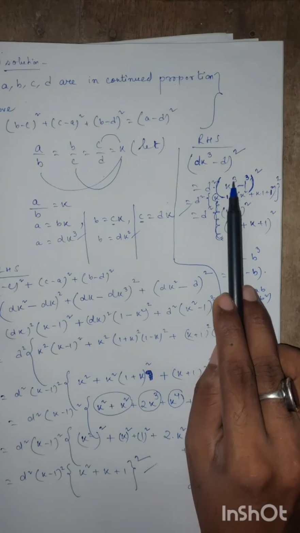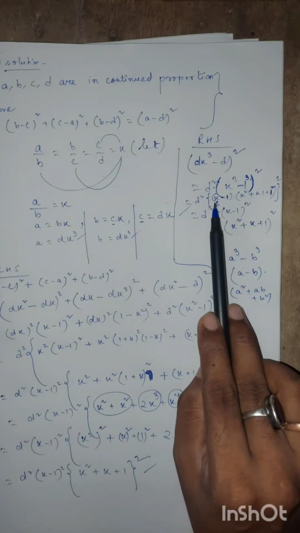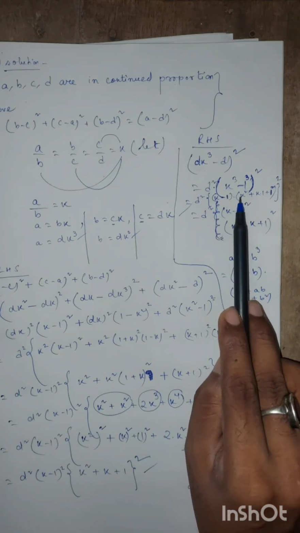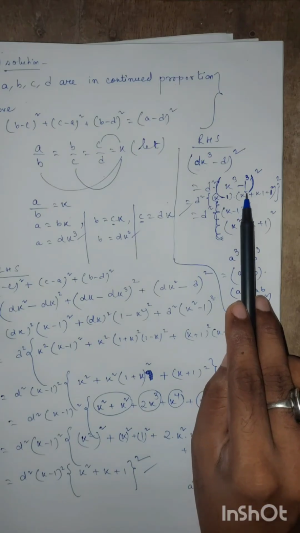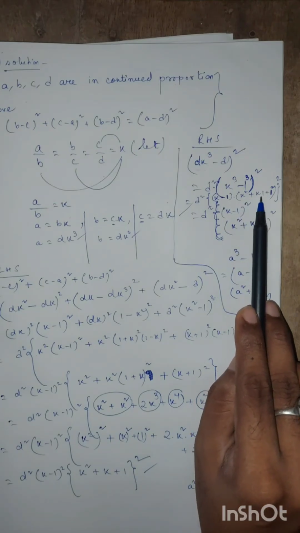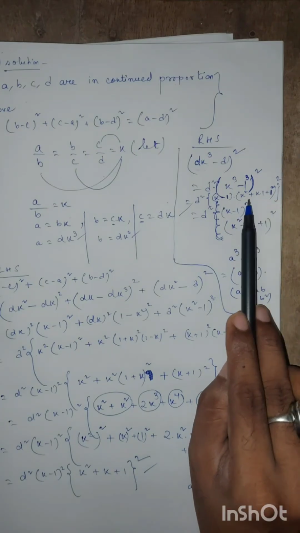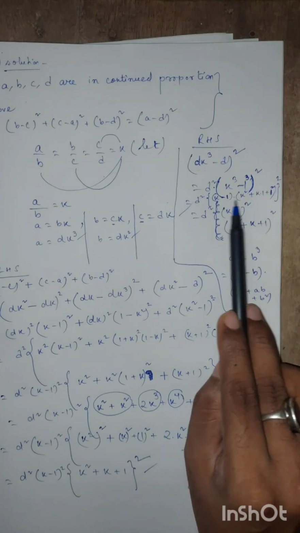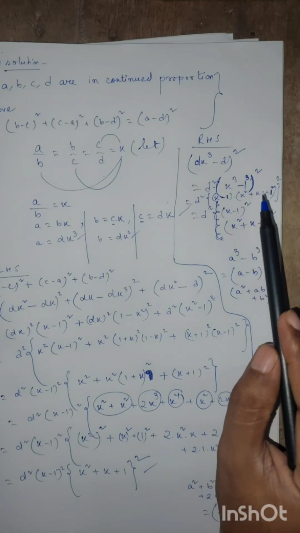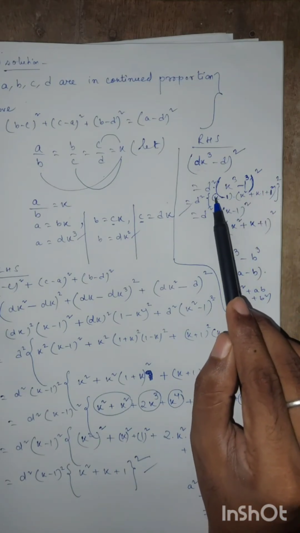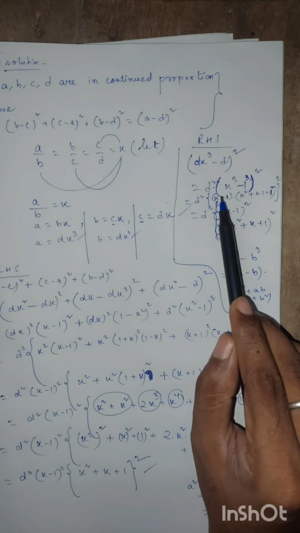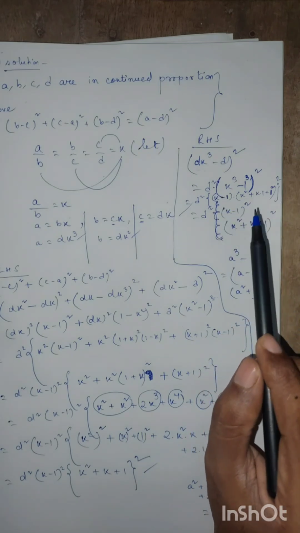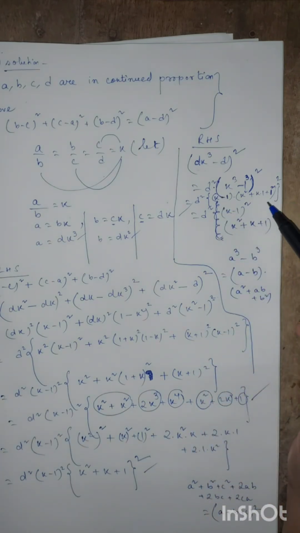So k cube minus 1 cube can be written as k minus 1, a minus b, into k square plus k into 1 plus 1 square, that means a square plus ab plus b square, and whole square.